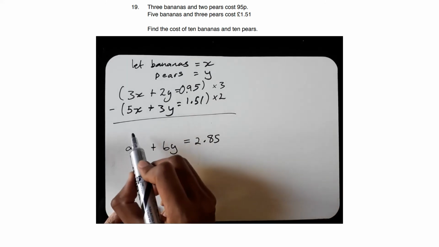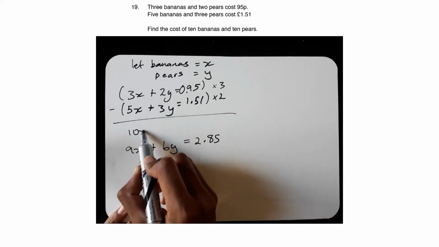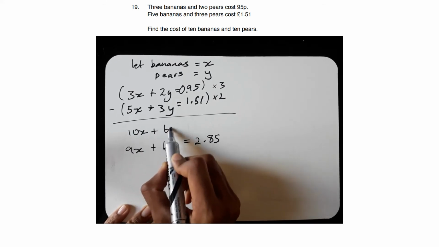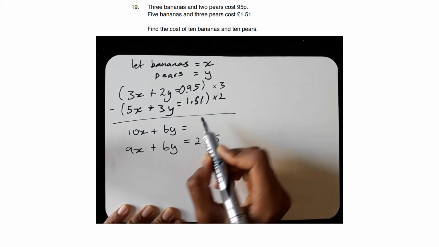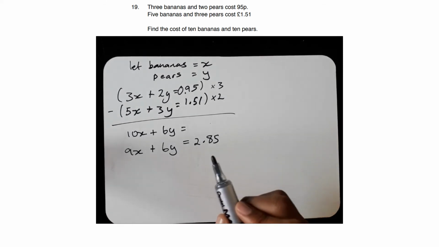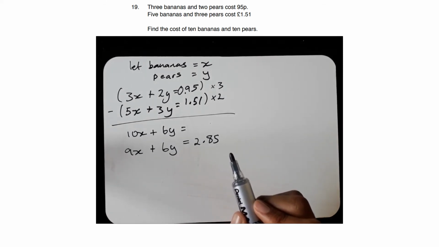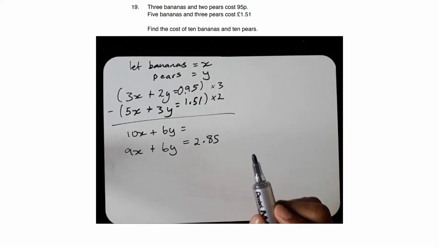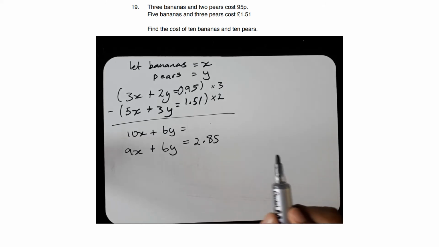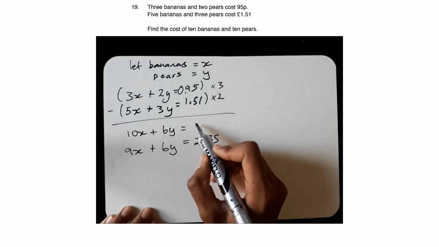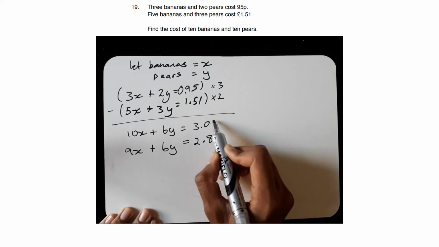And now for the top one, it's going to be 10x plus 6y is equal to 3.02.